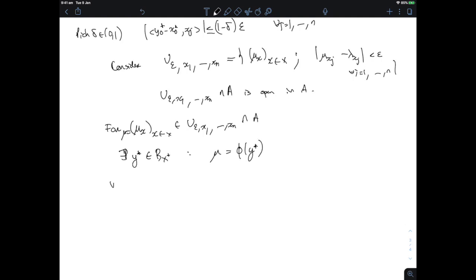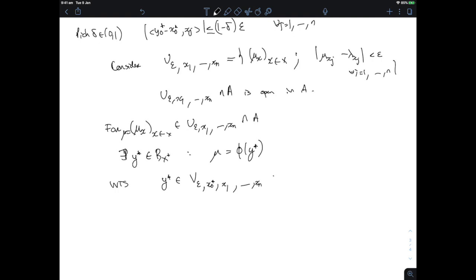And now what I need to show is that y star belongs to V epsilon x0 star x1 till xn. And if I can do that, then I'm done. I mean, phi of A intersected this neighborhood, and that is true for a generic element in this open set.